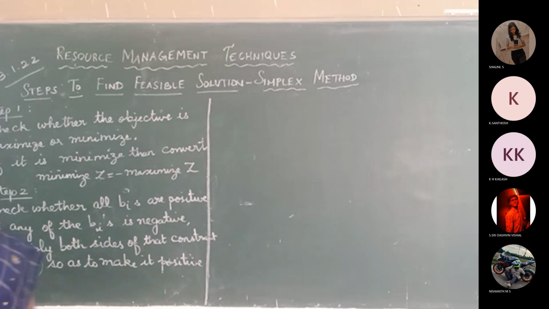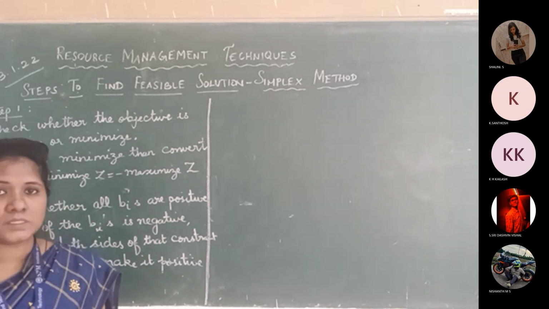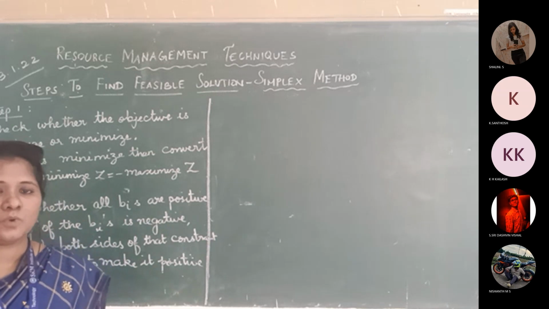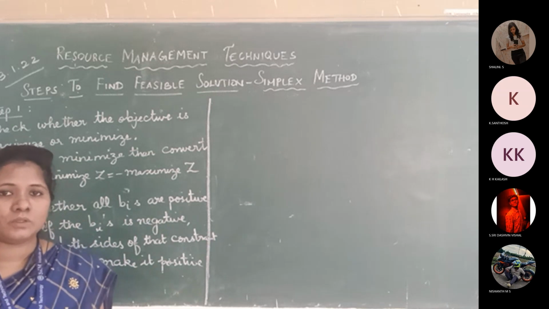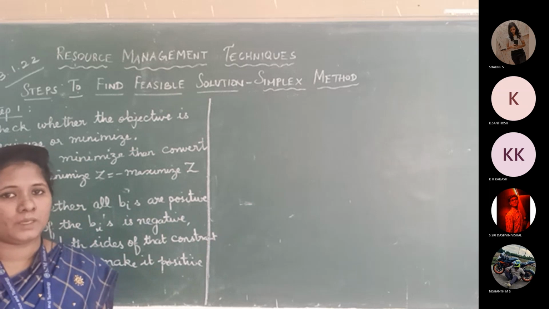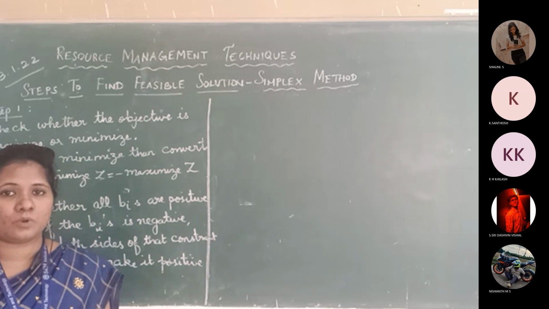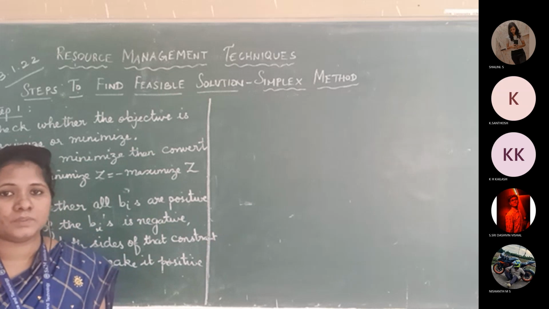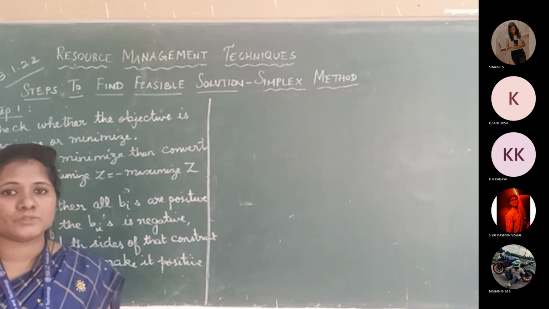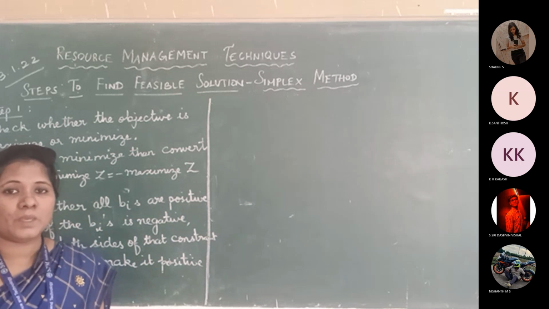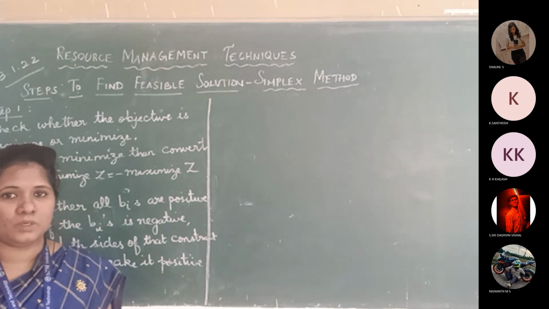So your first step is to see whether it is a maximization problem or a minimization problem. If it is a minimization problem, you multiply that function throughout with a minus sign and make it a maximization problem. Your second step is to see whether all your values are positive. If not, you multiply both the sides by minus 1 and make it less than or equal to.